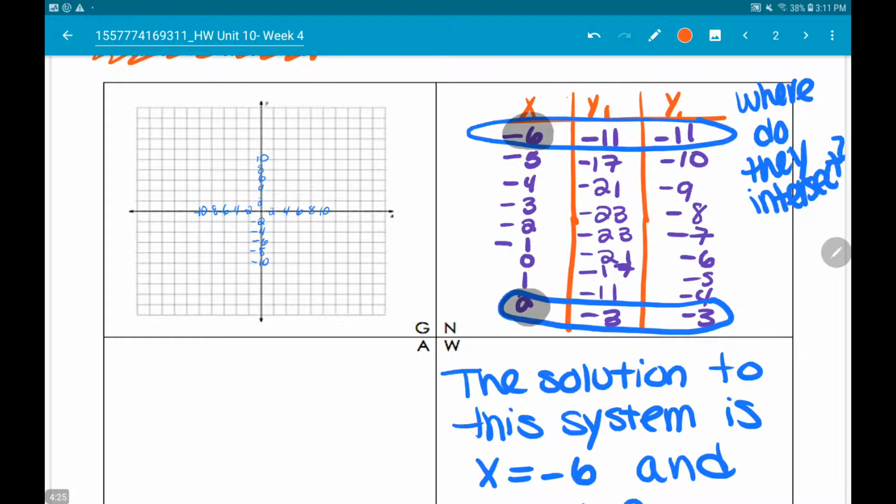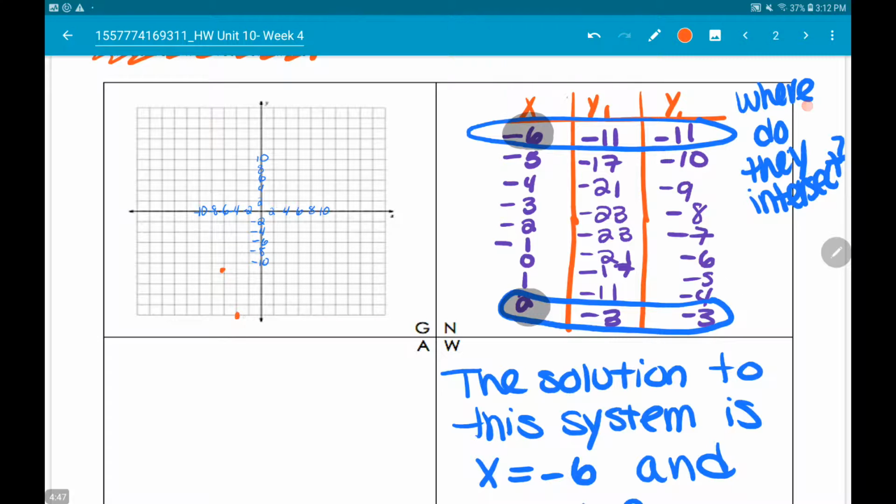So I have -6, -11, -5, -17, -4, 21, all right.